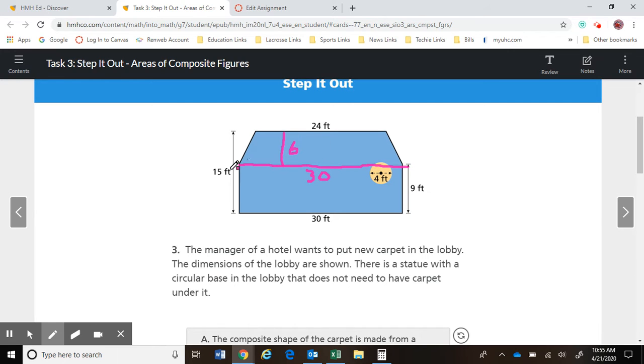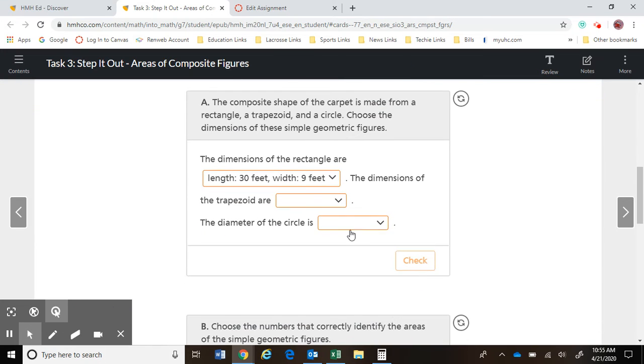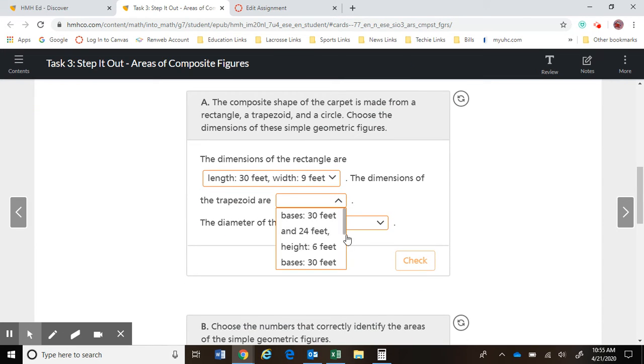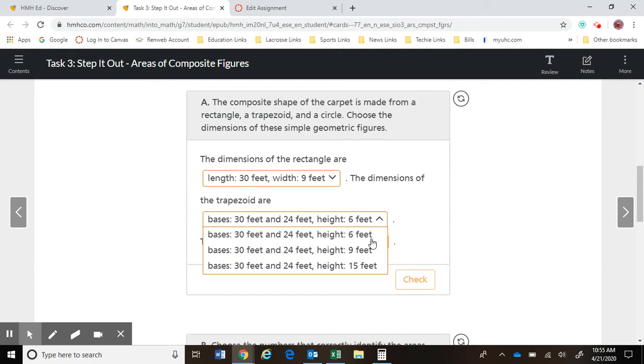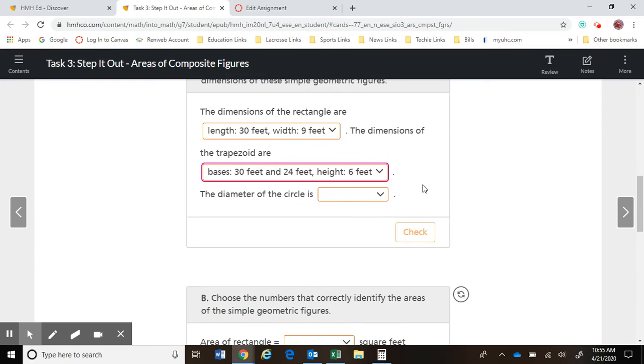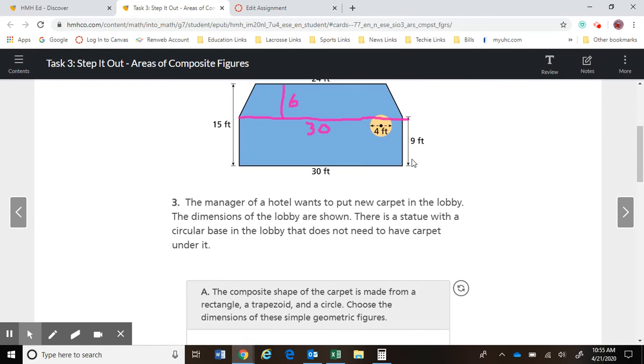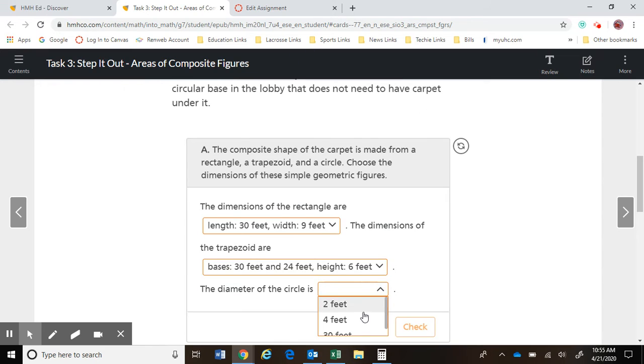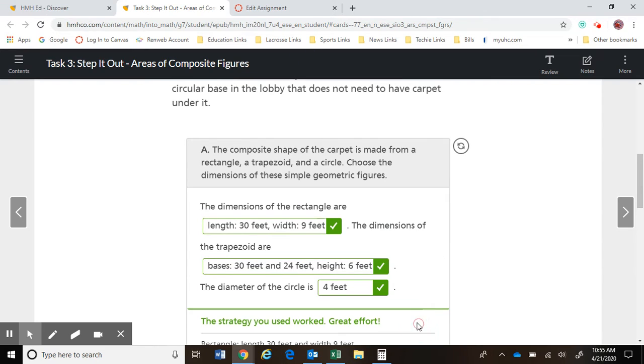Now I can start to see how the shape takes form. Bases 24 and 30, height 6. Now, what's the diameter of my circle? I can see that the diameter of my circle is 4. Let's check it, and we're good.